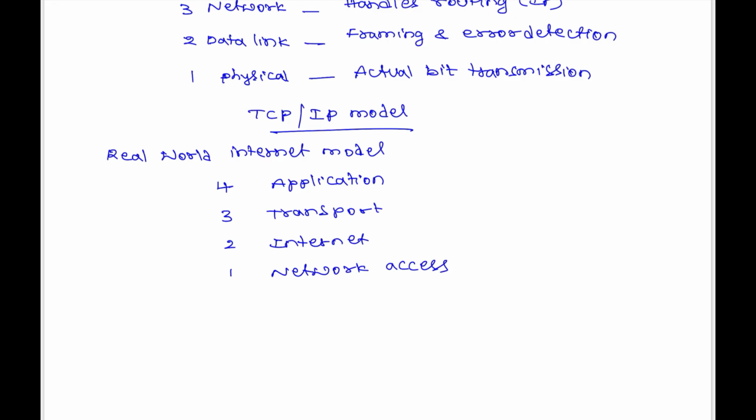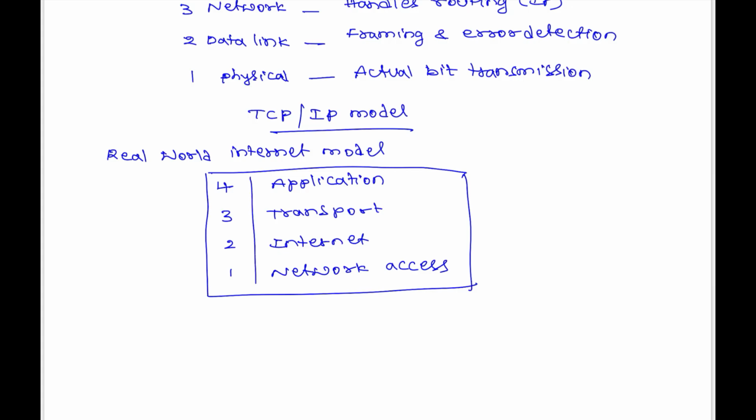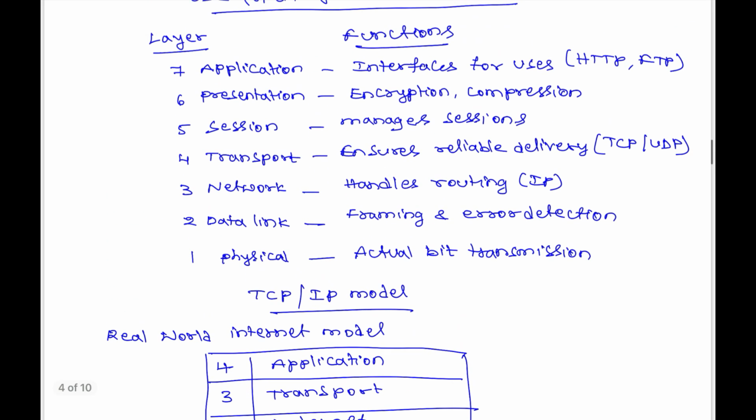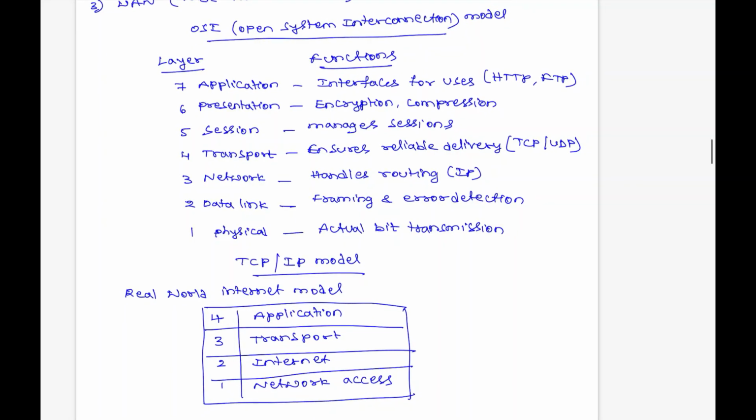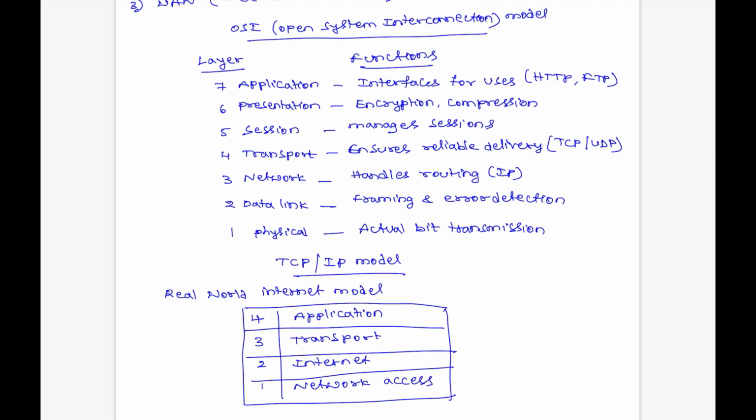These are the 4 popular layers that we are going to study in the TCP/IP model, and these are the 7 layers that we are going to study in the OSI model.